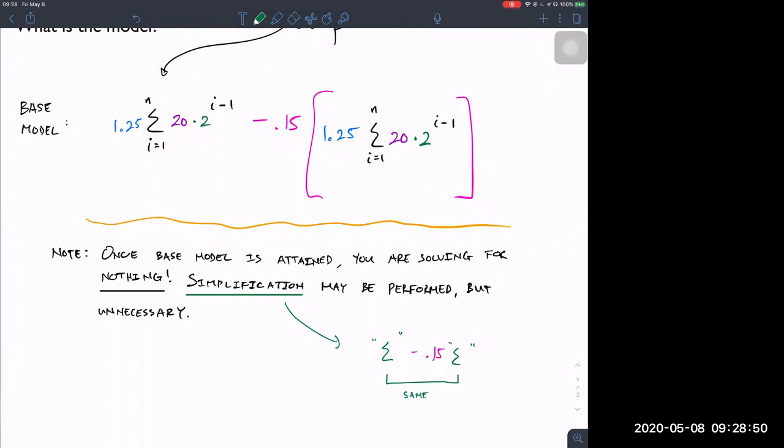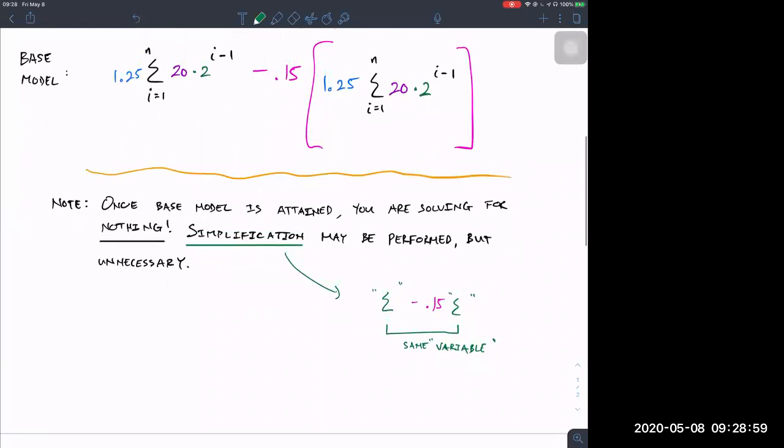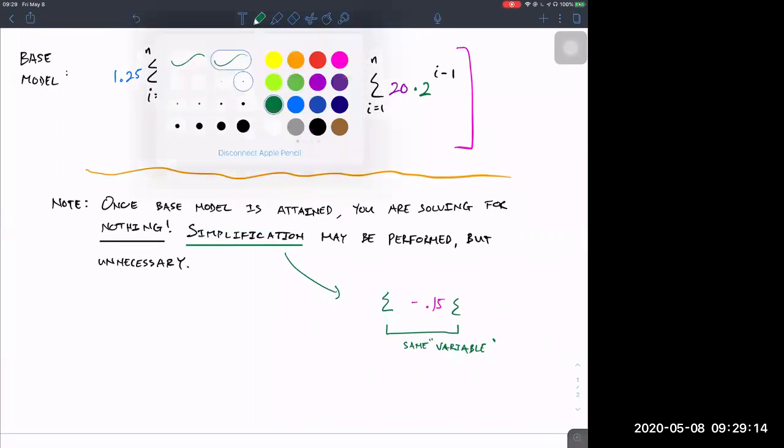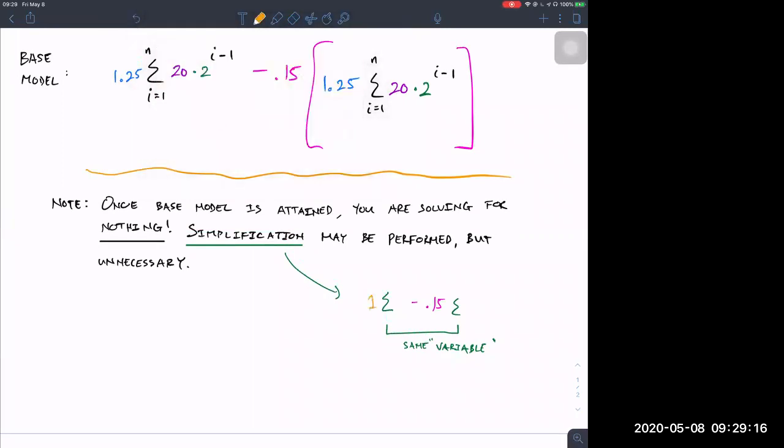I'll put variable in quotation marks because it's not a real variable, obviously. Suppose it is. It is summation. In fact, I'll get rid of the quotes right there. Summation minus 0.15 summation. Well, what number is in front of the first summation? It's that invisible one. So I'll call this invisible one.